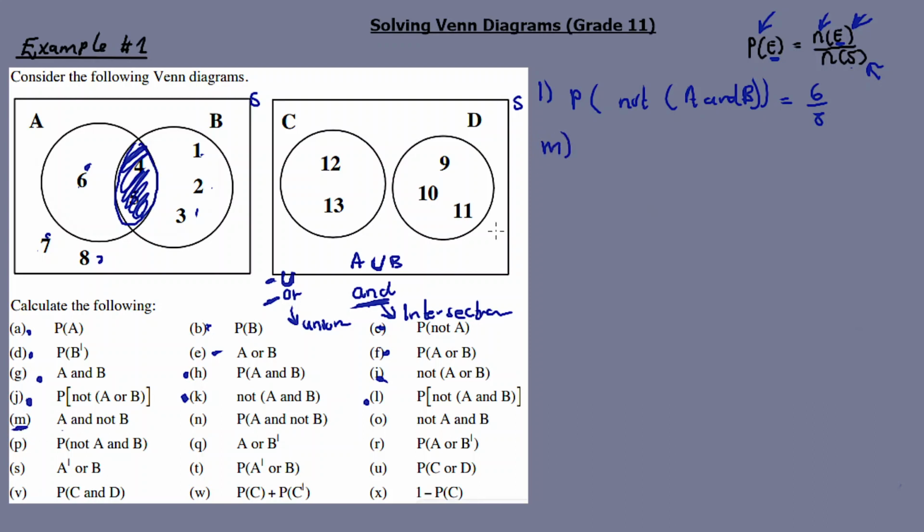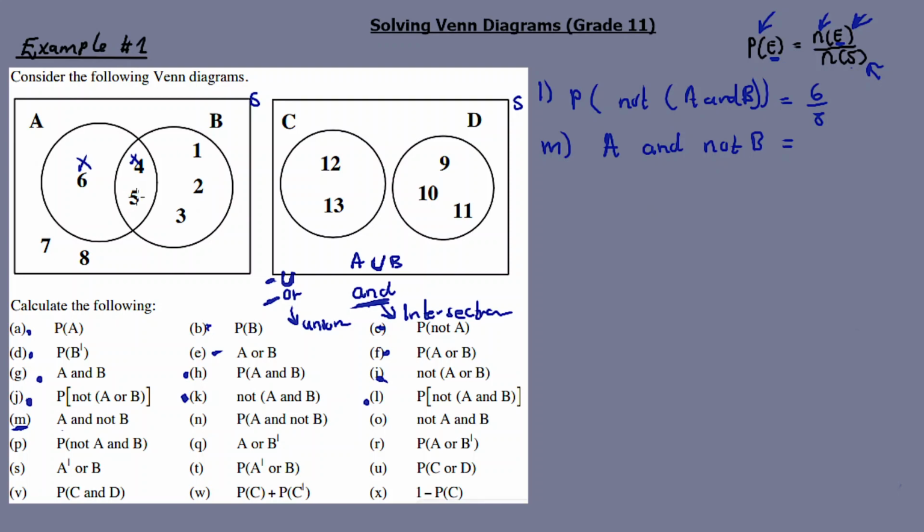M, A and not B, A and not B, so A and not B. Alright, here be careful. In fact, let's mark them out.